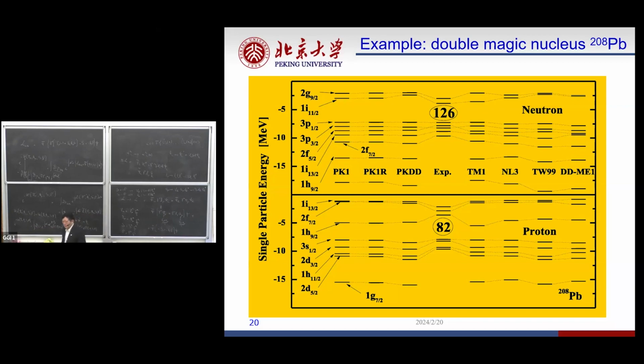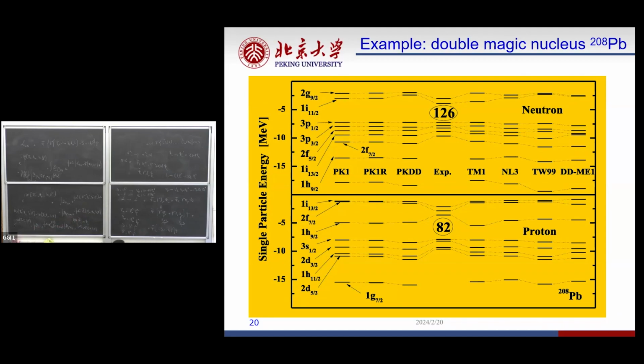So yesterday we already saw how to obtain the single particle spectrum. From experiment you get the one in the middle, and from different approaches you can calculate the single particle spectrum.